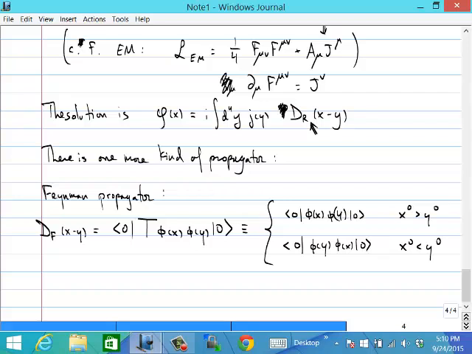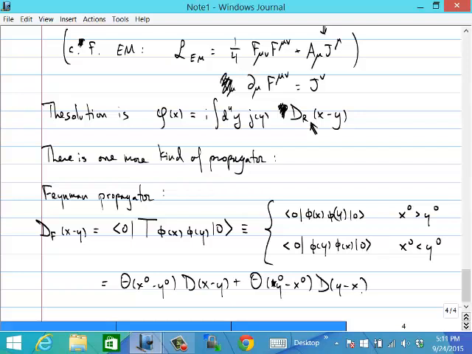So that's just a definition. If you want to write it out a little bit more explicitly, you could write it in terms of theta functions. So you could write it as a theta function that sets x0 to be bigger than y0, and then add a corresponding theta function where x0 is less than y0.